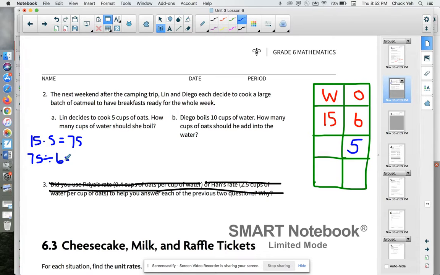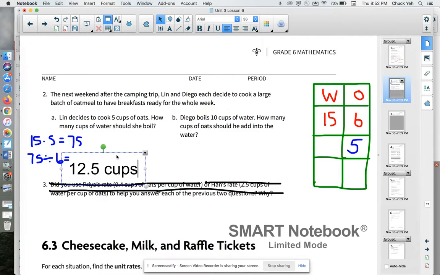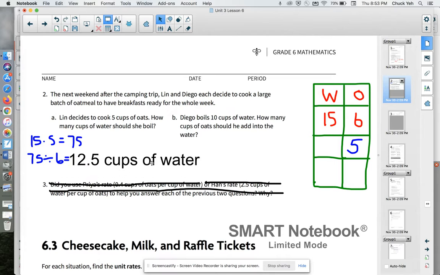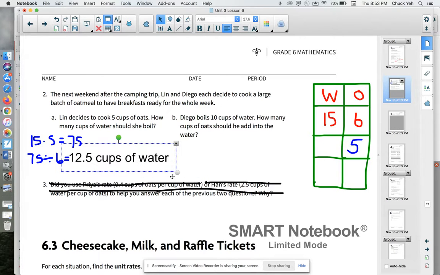Go ahead and pause it whenever you want so you can maybe figure it out on your own and see if you have the same answer as me. 75 divided by 6. Did you get 12.5 cups of water? All right. So 12.5 cups of water.